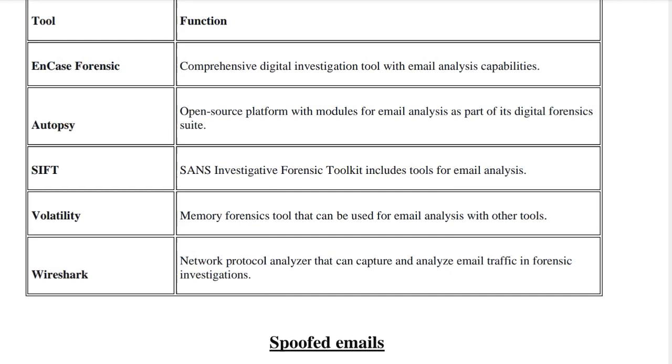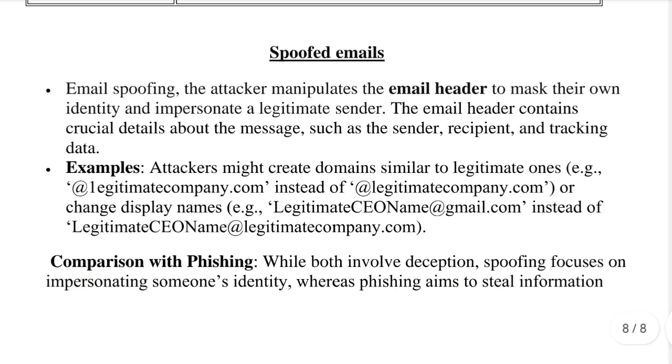Okay, then about spoofed mails. Spoofed mail is basically email spoofing. Maybe I have already told you in my previous lecture also. This is when an attacker tries to manipulate the email header to hide their own identity and impersonate a legitimate sender.